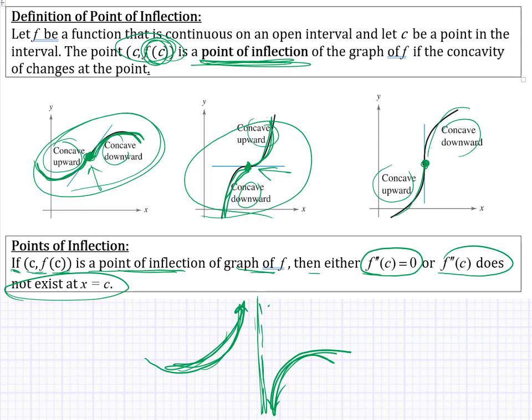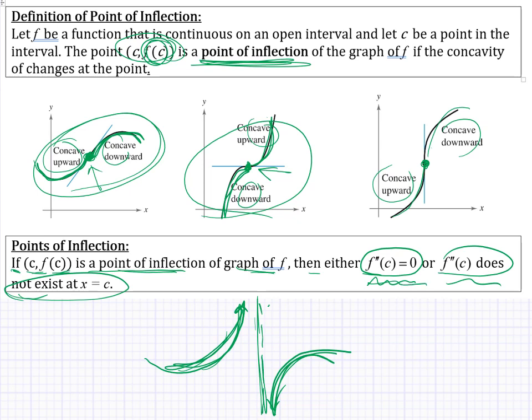When we talked about critical numbers, critical values, we figured out where the first derivative was equal to 0 or the first derivative didn't exist. But not every critical value would yield a maximum or minimum. This is essentially saying the same thing, that the only place that I could possibly have a point of inflection would be where the second derivative is 0 or does not exist.